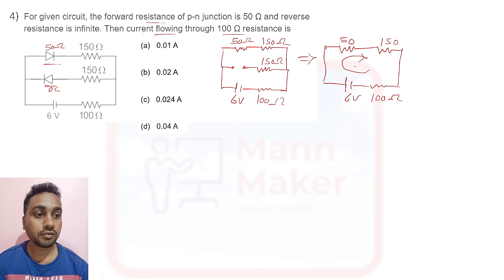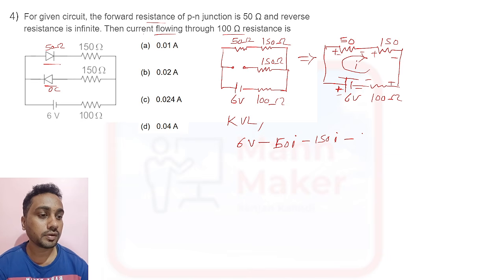So we apply KVL here. Marking plus and minus across each element, we go around the loop. If we choose the plus position as outgoing, it will be 6 volt minus 50I, again minus 150I and minus 100I equal to 0. Like this we can write from KVL.